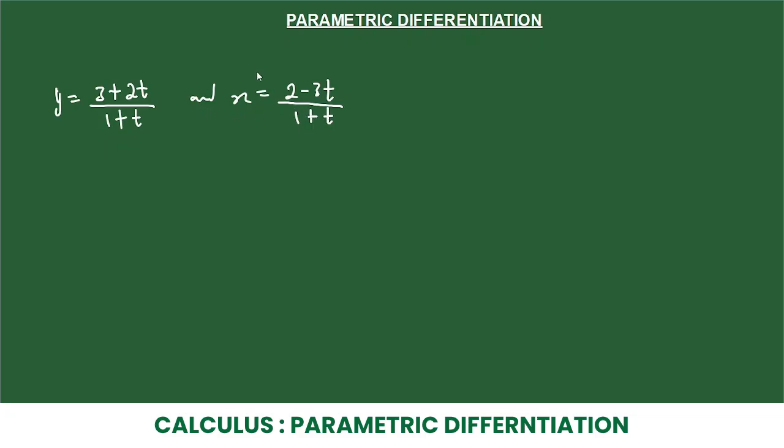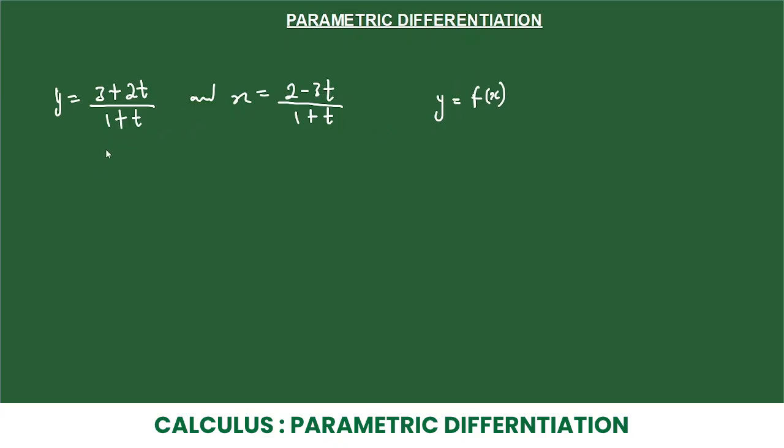So any value given to t will produce a pair of values for x and y, which can be plotted on the graph to get a point on the curve for y is equal to f of x, right?